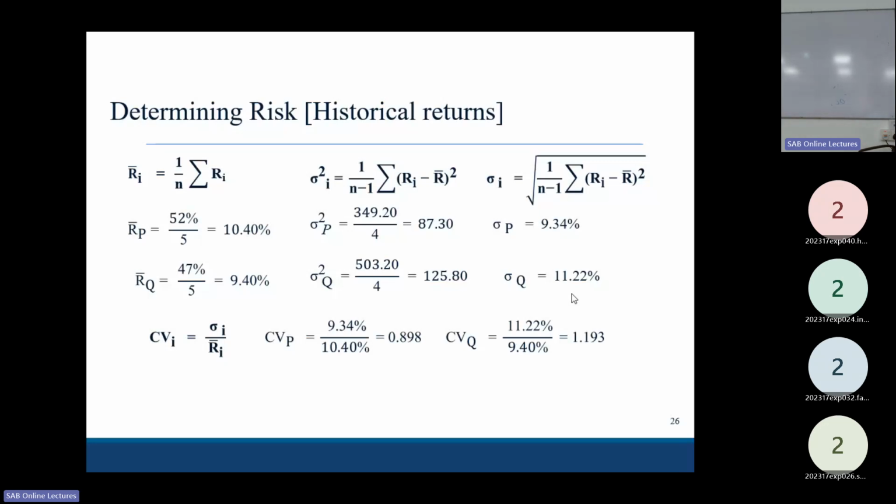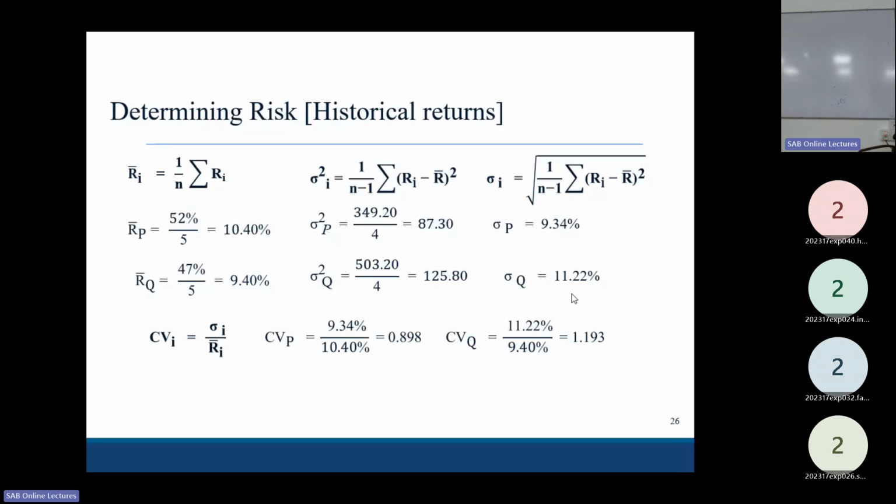If you look at the variance for the two companies, variance is high for company Q. Variance and standard deviation are used to measure risk, and standard deviation is also larger for company Q. So by comparing the standard deviation, company Q is risky.